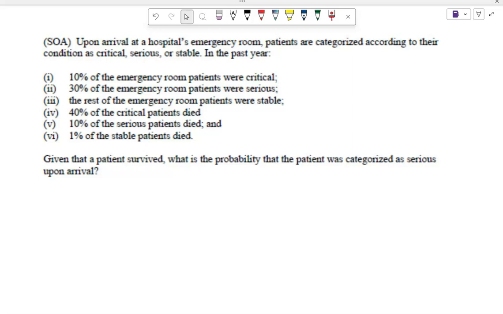All right, so lots of information we're given in this problem. Again, if you have any slant towards actuarial science at all, this is an actuarial exam P sample problem. All right, we've got emergency room patients categorized by condition: critical, serious, stable. 10% were critical, 30% were serious, the rest were stable.